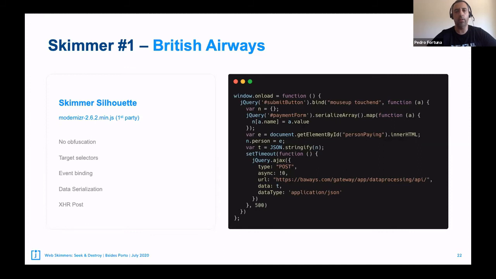Some people think that it lasted about 2 months. And they were able to skim almost 400,000 credit cards. So the impact was huge. In terms of the skimmer, it uses no obfuscation and it does very simple things.